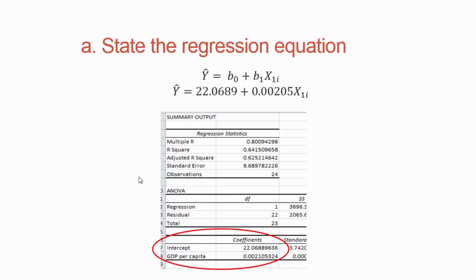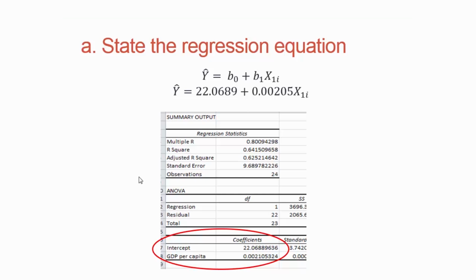And so that value would be the same as B0 when we look in our equation. And GDP per capita is the coefficient, or the number that goes with the x1 independent variable in our equation. So those are the numbers, 22.06889636. If we round off to 4 decimal places or so, this is what the equation is going to look like.